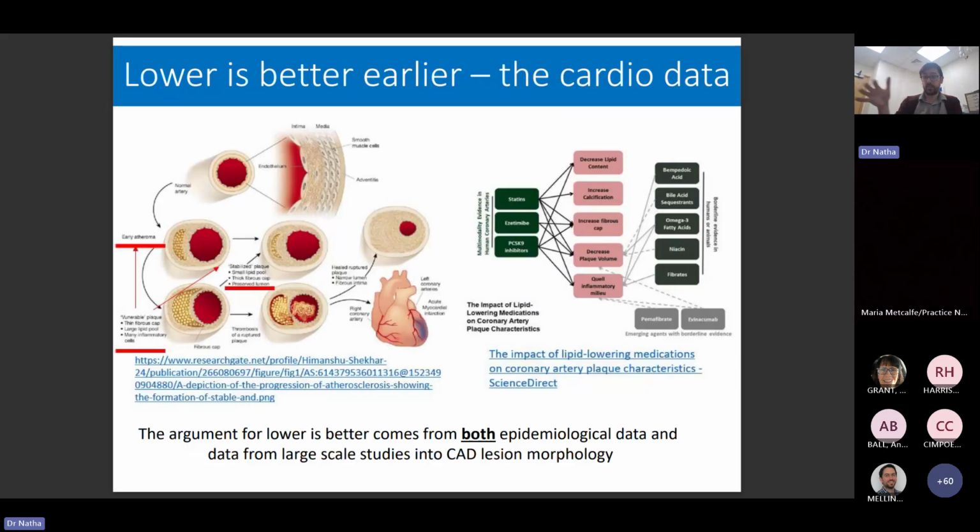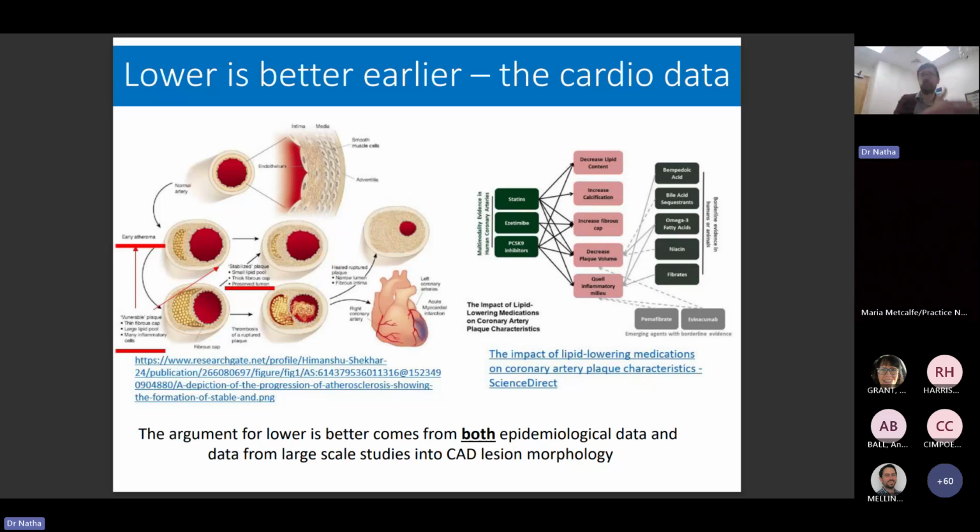The other flip side to it is the data we have from cardiology services, and this is to do with plaque morphology, which I don't want to get into the details too much of, about how a coronary artery plaque forms and develops.